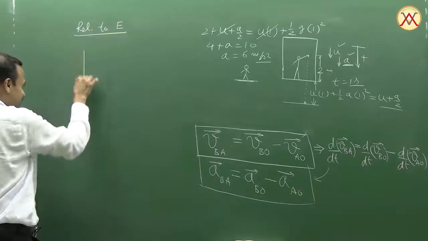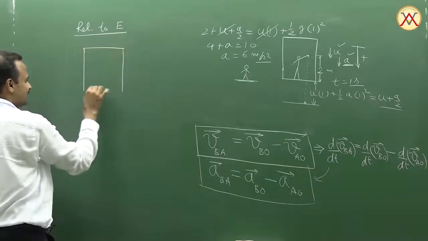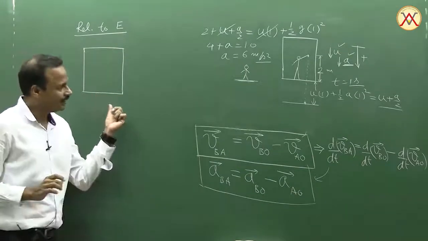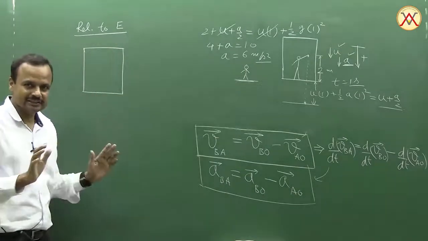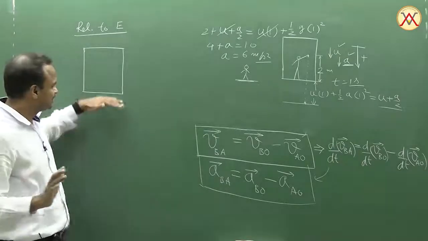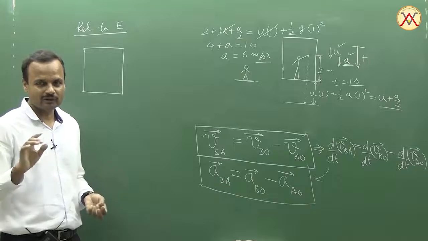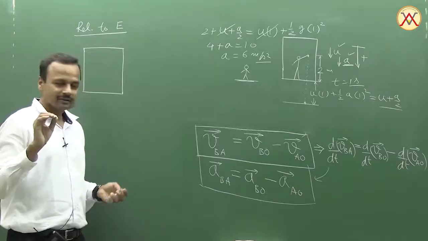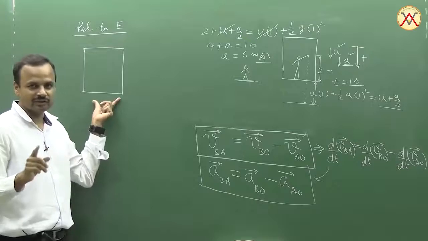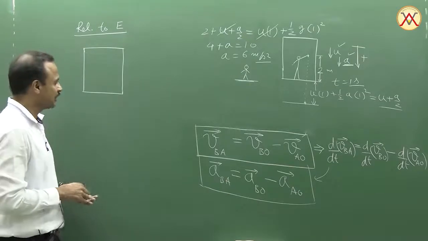So in the elevator frame of reference, first of all, the elevator is stationary. Its initial velocity is 0, its acceleration is 0, its displacement is 0, displacement of the floor, everything is 0. Remember, we already know that no matter how much a man runs, he cannot run away from himself, so the relative velocity, acceleration and displacement of this elevator with respect to itself are all 0.